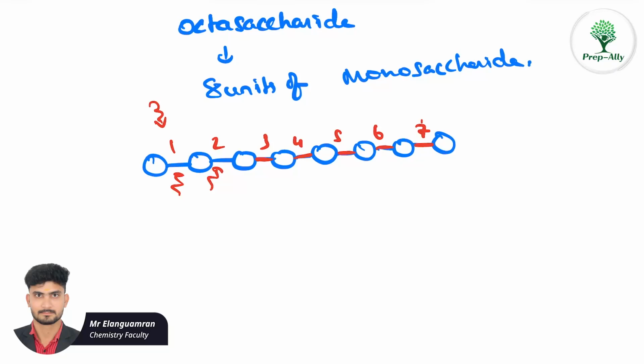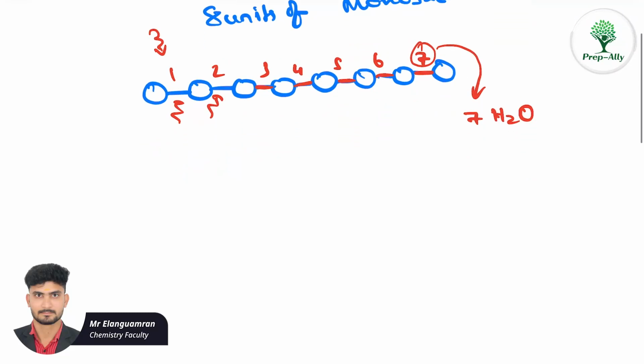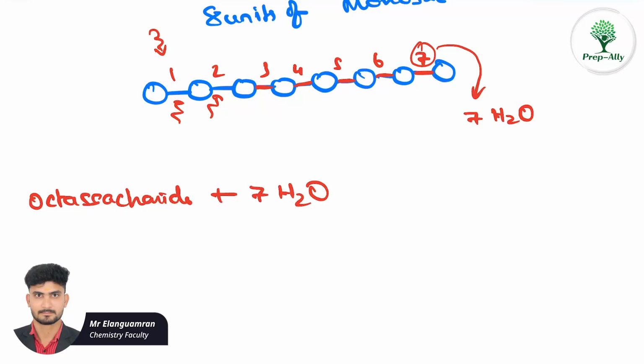So how many do I have? 7. So how many water molecules do I need to break one molecule of this octosaccharide? I need 7 water molecules, right? So I can write it as: octosaccharide needs 7 molecules of water to become 8 units of monosaccharide.